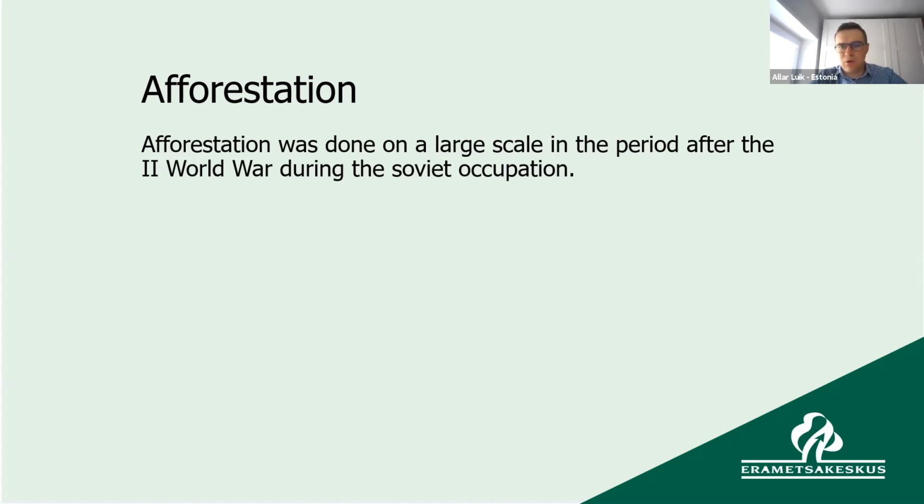Because during the Second World War and after that, there were many sad events in Estonian history, and a lot of farmlands were left empty. So in some places, new trees started to grow by themselves. And in some places, the old farms and fields were planted. Mainly pine and spruce were planted there.